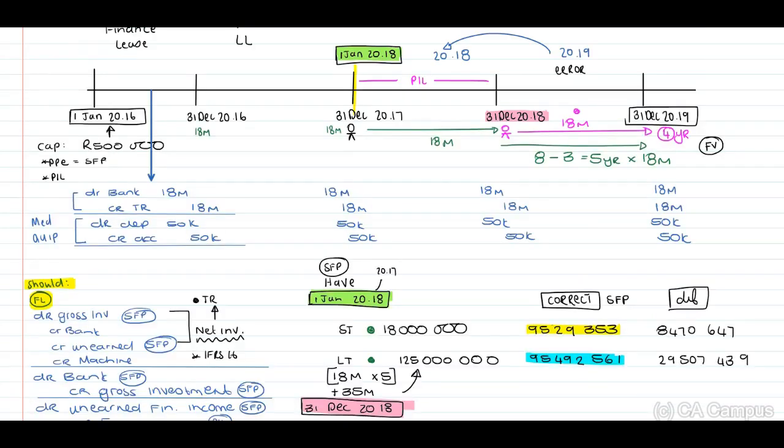Therefore, we need to identify the errors for this year, and you will remember that they have indicated to us, when you look at our journal entry, that they have recognized depreciation of 50,000. Therefore, we now need to take this out. We need to take out the depreciation. This is in our profit and loss.